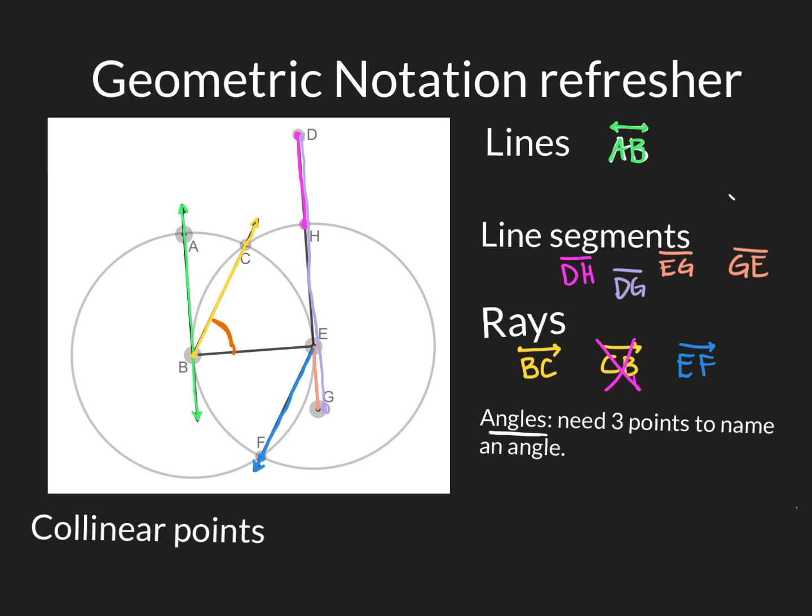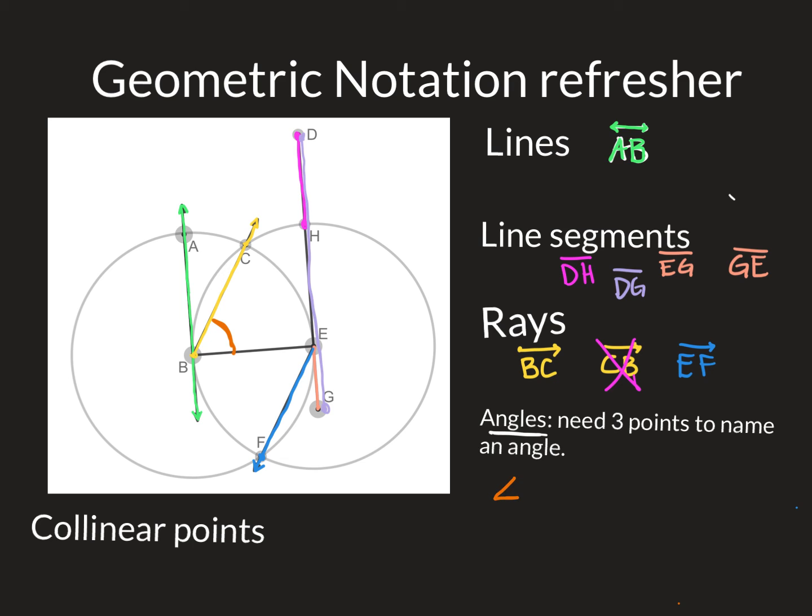And really what I'm caring about is how far open is the rotation between BC and BE right here. And so in order to talk about that angle, I might call it angle B. But if I just said angle B, you'd be kind of confused because maybe I'm talking about this angle right here or this angle right here, or heck, even like this bigger angle right here. It's not totally clear.